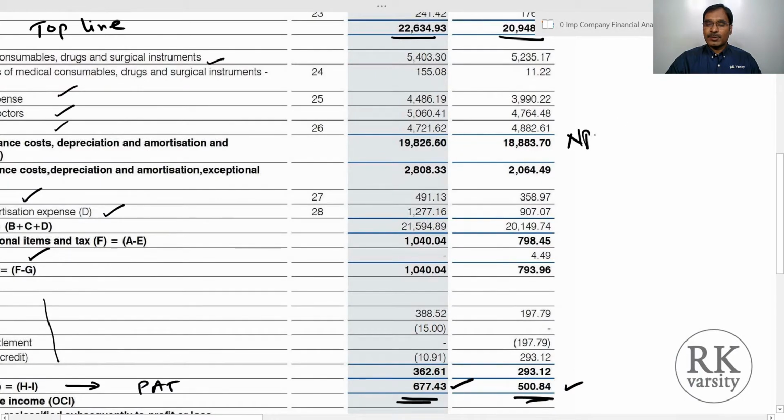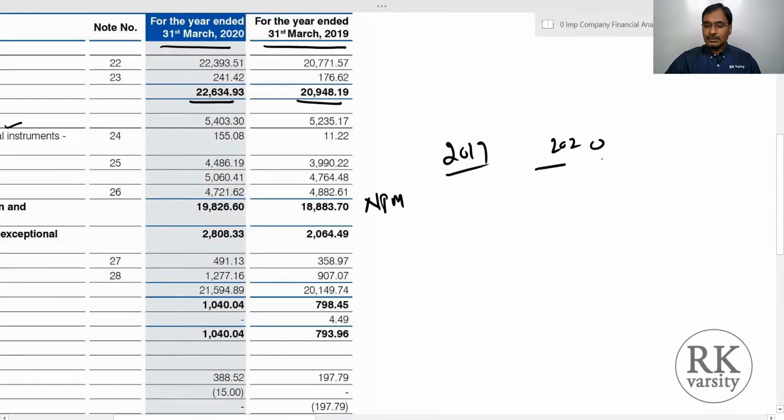So net profit margin for the financial year 2019 and for 2020.